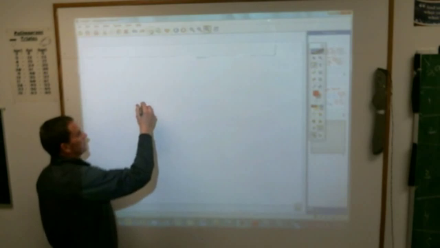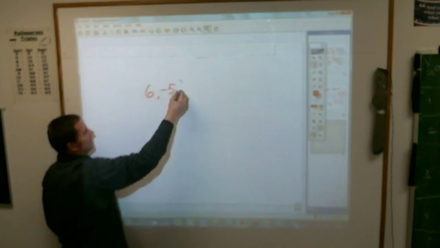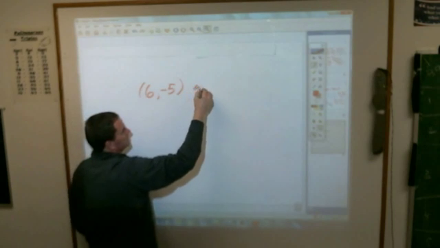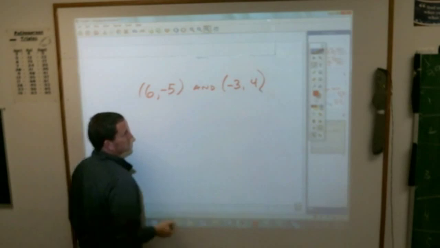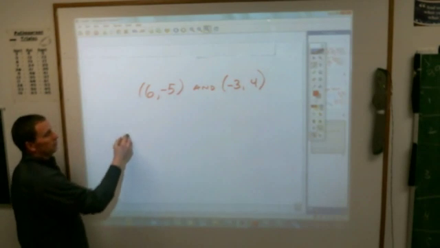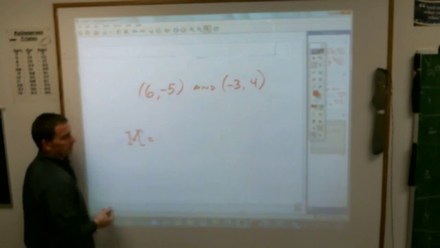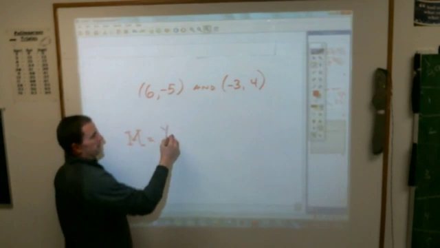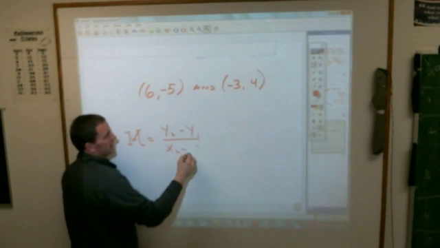How about this? Let's do 6 comma negative 5 and negative 3 comma 4. What is the slope? I'll do one more just because. Make sure you commit that formula to memory, y2 minus y1 over x2 minus x1.